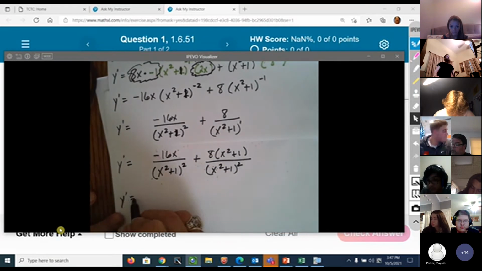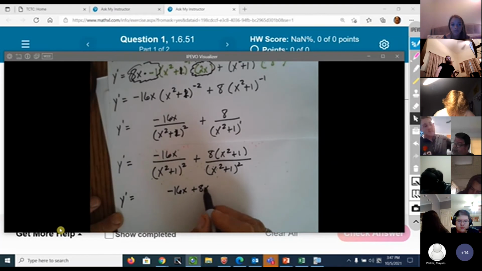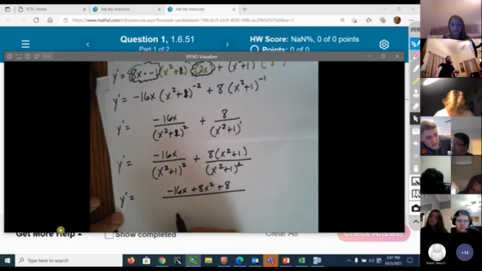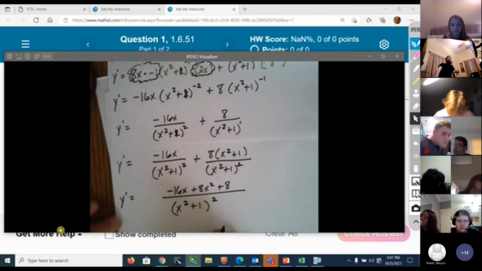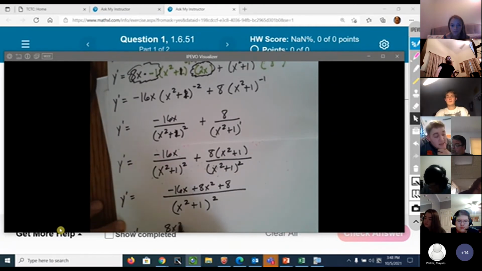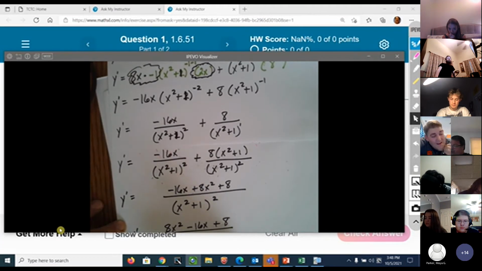And y prime is equal to negative 16x plus 8x squared plus 8 over x squared plus 1 to the second power. And y prime is equal to 8x squared minus 16x plus 8 over x squared plus 1 to the second power.